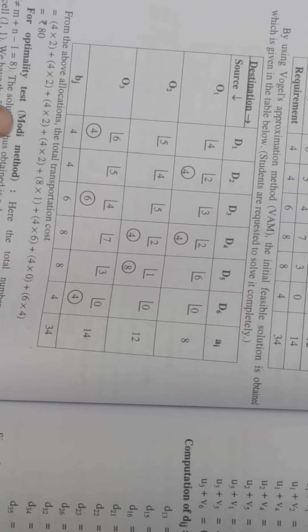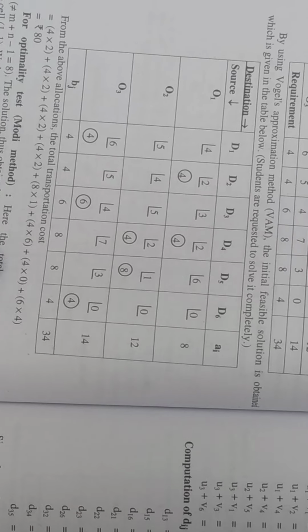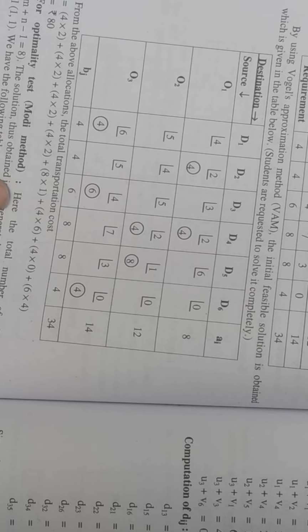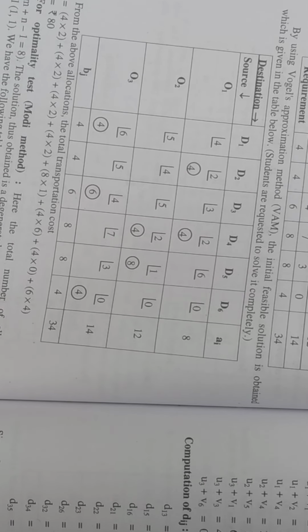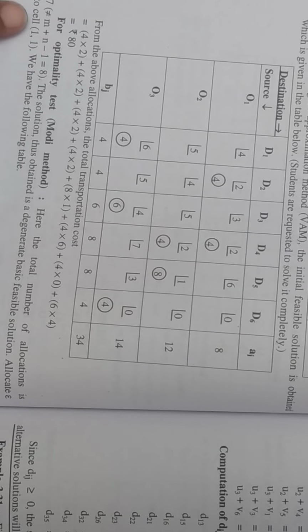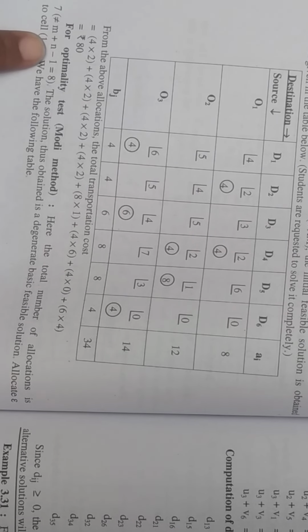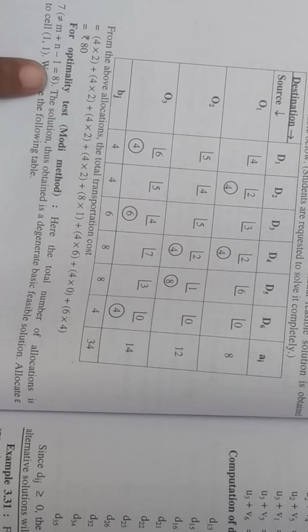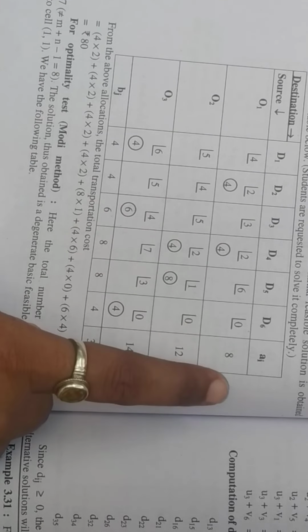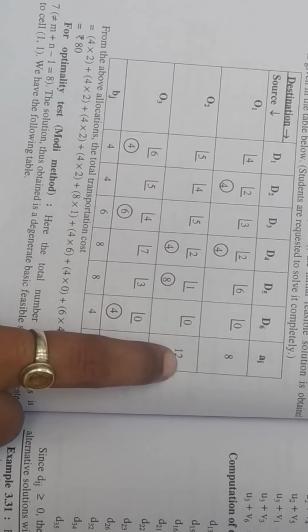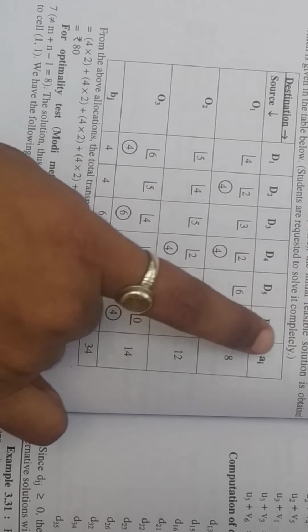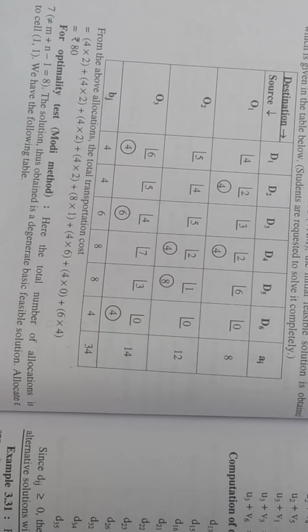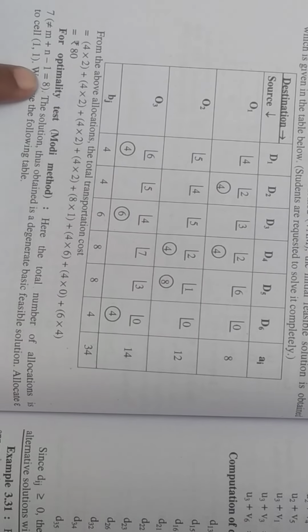For the optimality test by the MODI method, the total number of allocations here is 7, which is not equal to m plus n minus 1. Here m is 3 and n is 6, so 3 plus 6 is 9, minus 1 is 8.